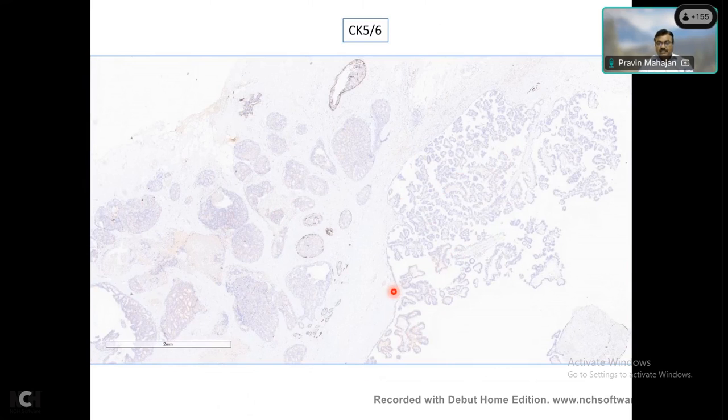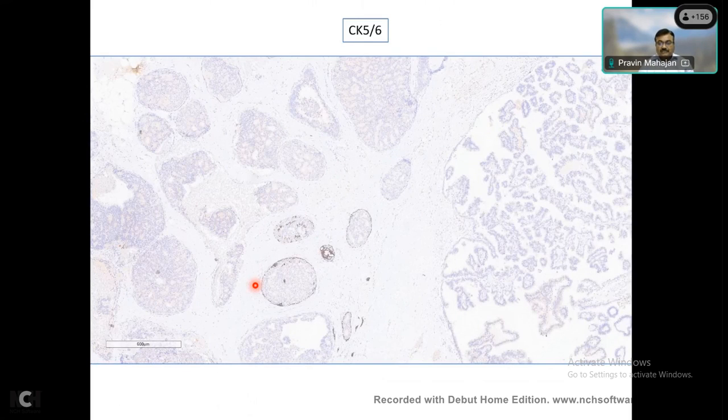If you do CK56, what you are seeing is that CK56 is lost within the lesion as well as in the periphery of this encapsulated papillary carcinoma. In the adjacent intraductal proliferation also, you can make out that CK56 expression is lost. Very few ducts here are showing expression in the periphery, which are the myoepithelial cells, but most of this proliferation is showing absent myoepithelial cells.